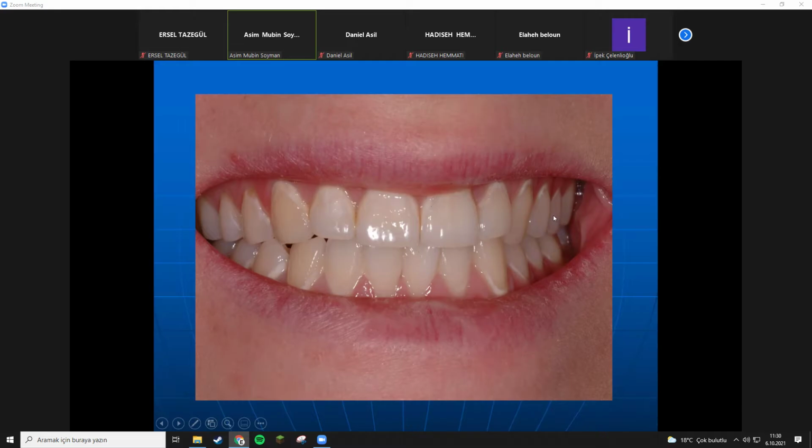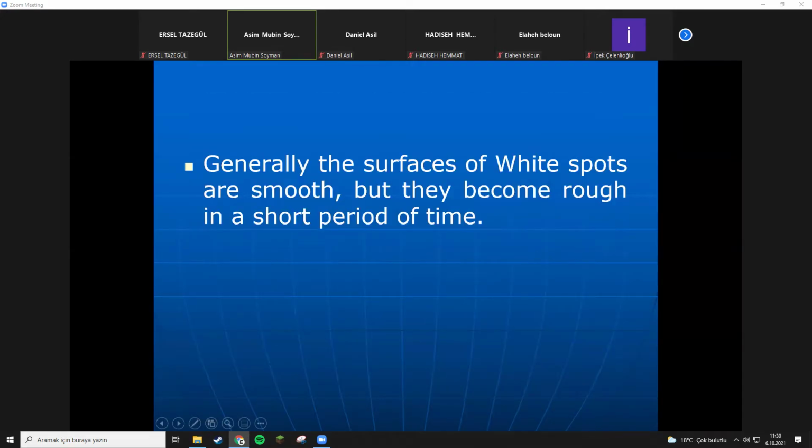You can use bite wing radiographs because you cannot see them in the clinics. To detect them, you have to take radiography. So if you are suspicious about initiation of dental enamel caries, you have to take radiography for detecting the approximal sites of the dental enamel.